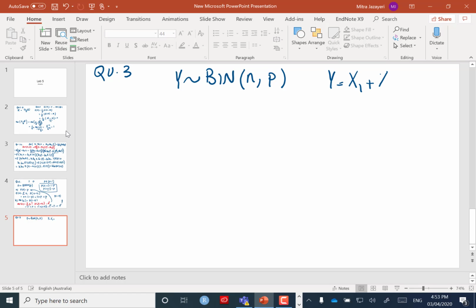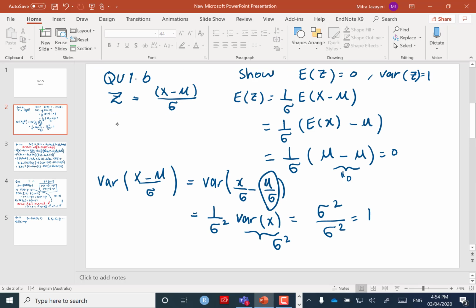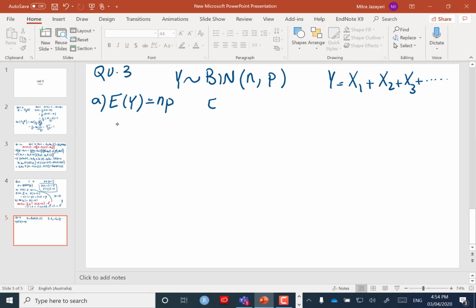Now, what would be part A? The question says, show that the expectation of Y is equal to n times p. All right. So we say that the expectation of Y is equal to the expectation of the sum of Xi, i from 1 to n. So that is equal to the sum of the expectations of Xi, i equal to 1 to n.